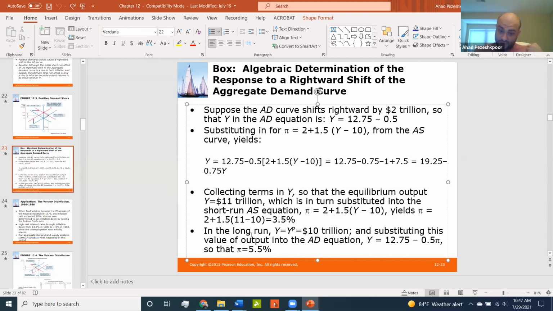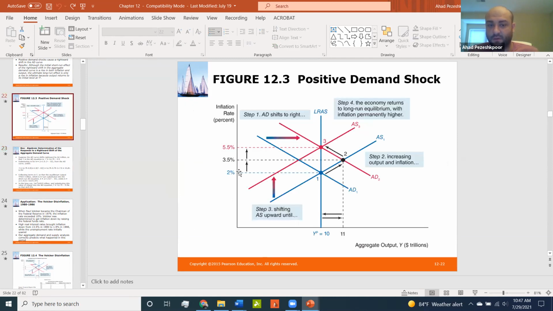This new inflation, again, this value of output in the aggregate demand, you will have this inflation. So from 2%, by pushing for more demand, we arrive at 3.5%, and by changing supply, we arrive at 5%.